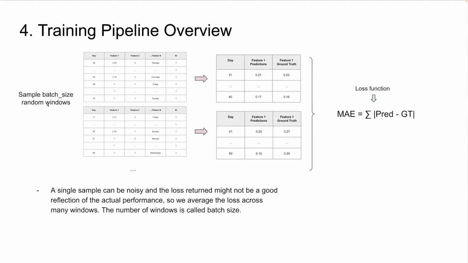Why do we want to sample a batch size number of windows instead of just calculating the loss on a single sample? Because a single sample can be very noisy, and the loss returned might not be a good indicator of the actual performance. So we need to average the loss across many windows, and the number of windows that we use is called batch size.